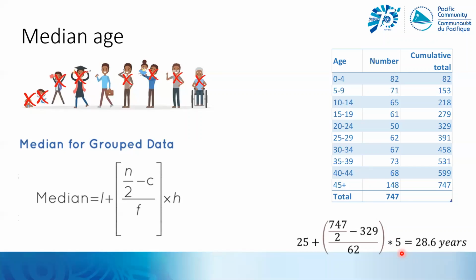So we've got 5-year age groups. And that gives us a median of 28.6 years. But we typically round that up to 29 years.